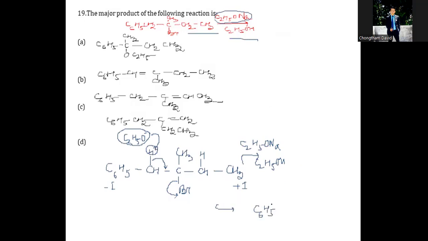Phenyl group here, the donation of this bond by hydrogen generates a double bond, carbon here, methyl group. This was acidic, and CH2, CH3. Plus I will give electrons, right? So this will be the product. The answer for this question number 19 will be option number B, because it matches this product.